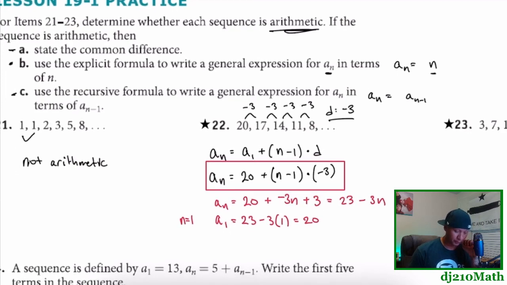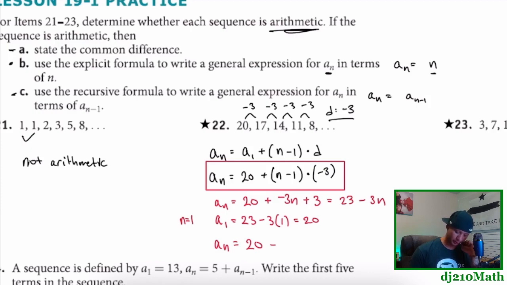So now, if we use the recursive formula and write a general expression for A sub n, so for any term, but in terms of the previous term, n minus 1, let's think about this for a second.